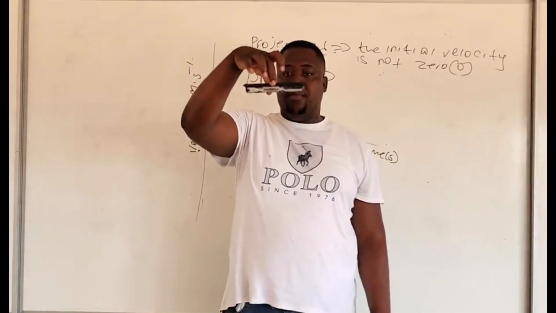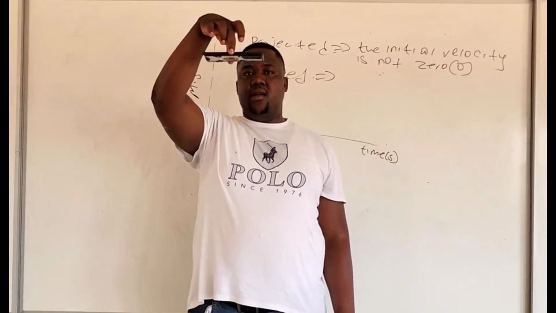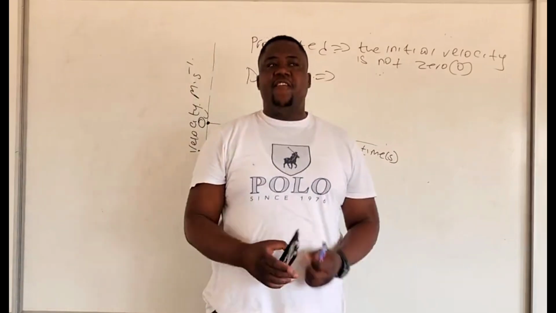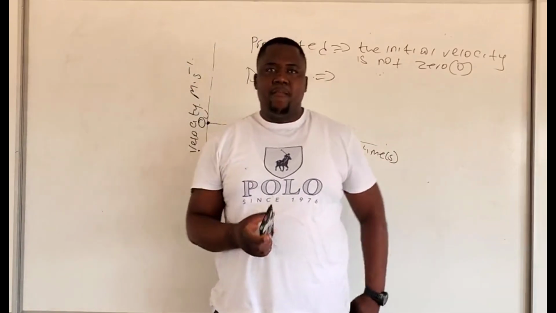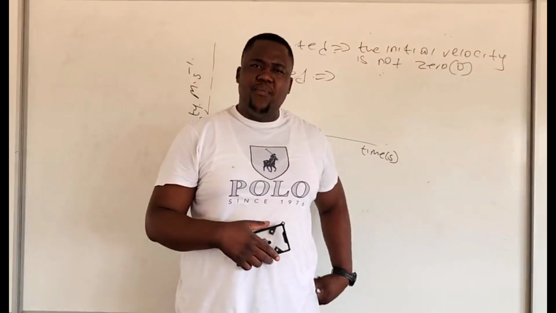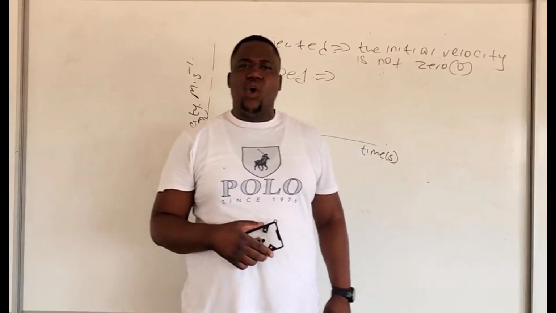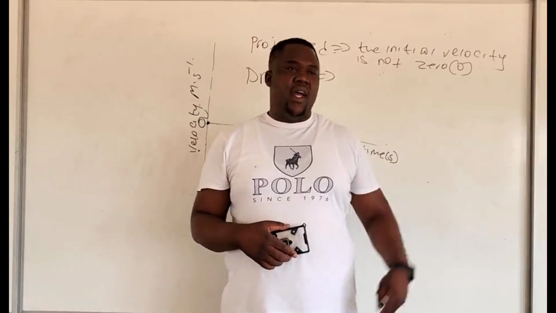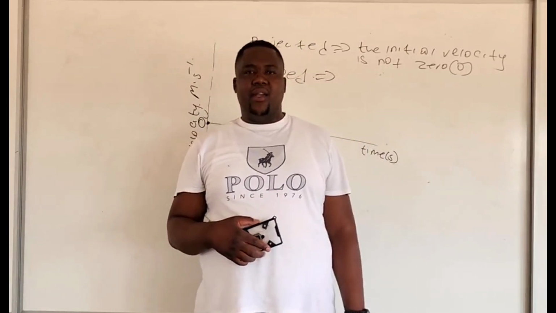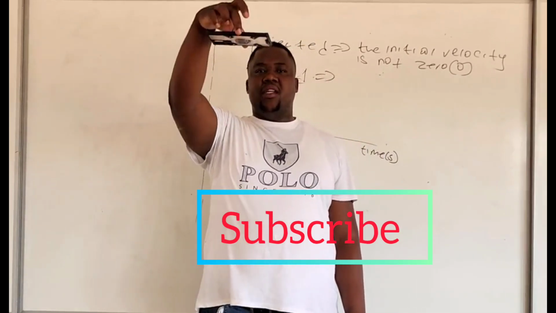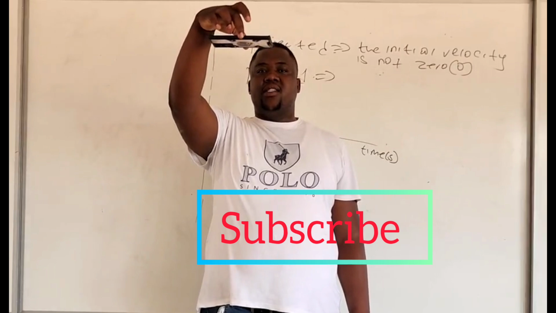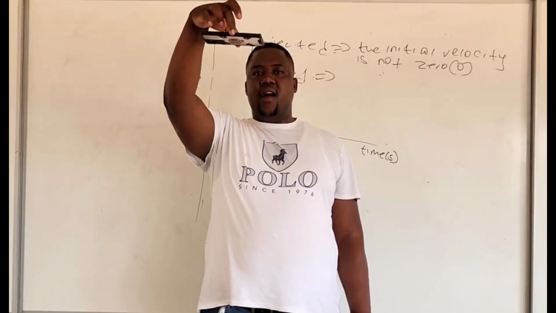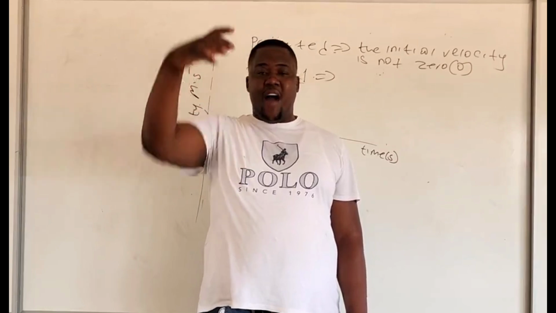If I let go, the initial velocity of this object cannot be 1 or 2 or any number greater than 0 or a negative number. No, it is going to be 0. Look at it. The object is still, it's stationary. Then I let go. When I let go, I've dropped it.